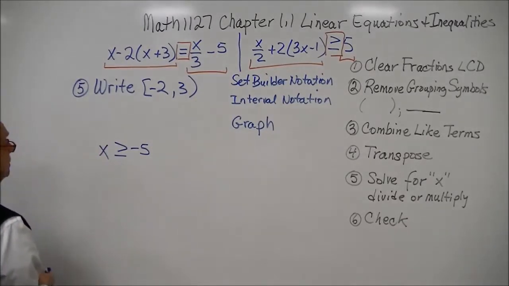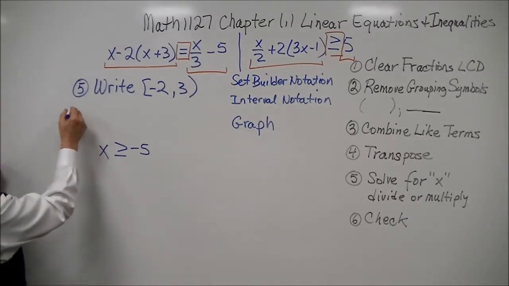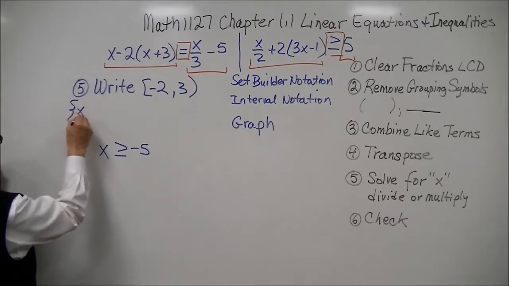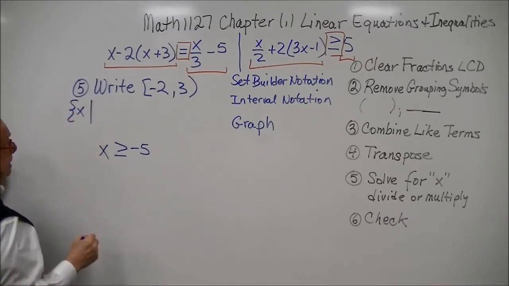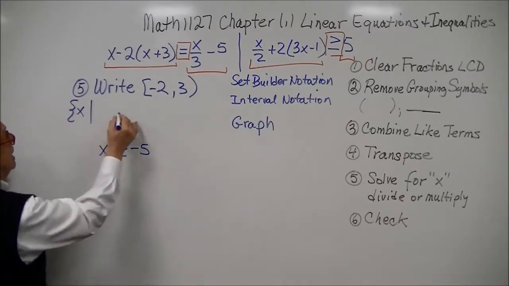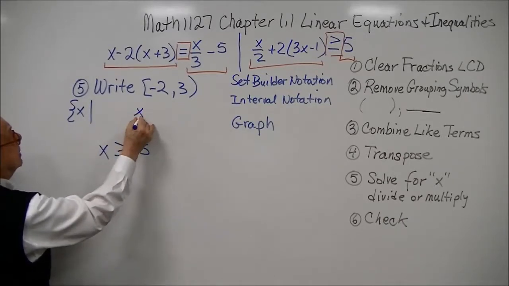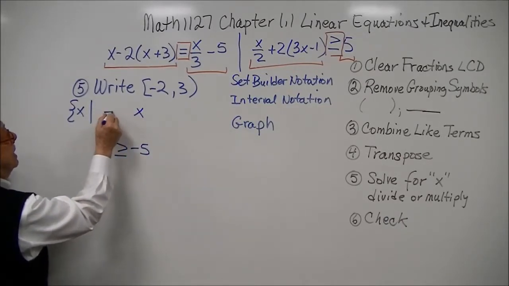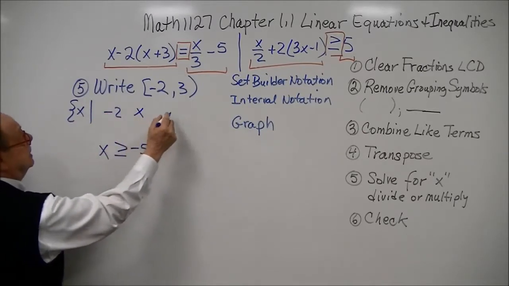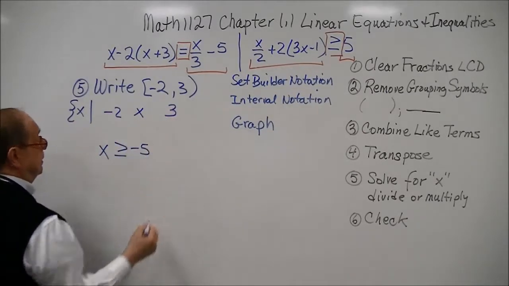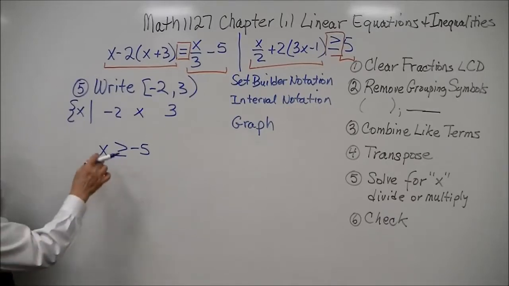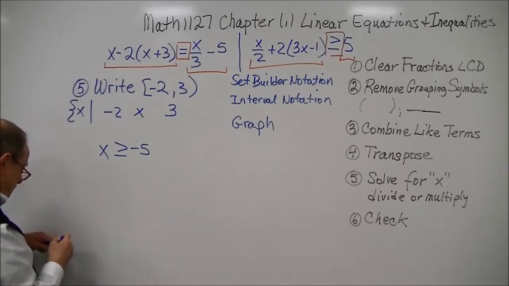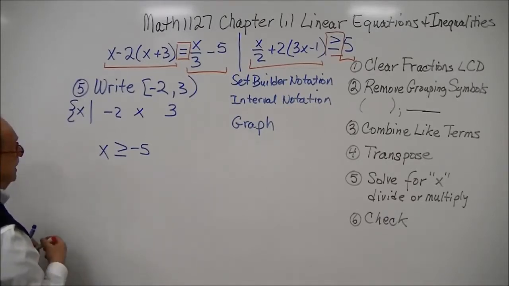And to do so, we would say that x is such that, now here our x is going to be in the middle. This is going to be a -2 there, and this is going to be a 3 there. But we now have to put our inequality symbols in there.